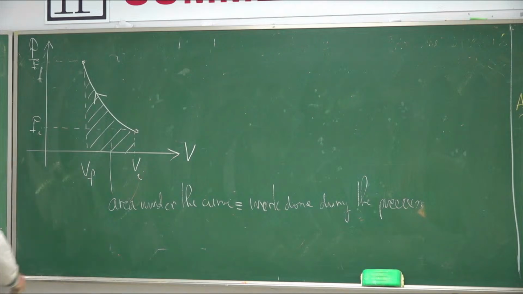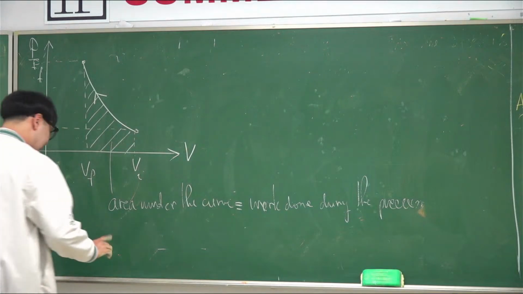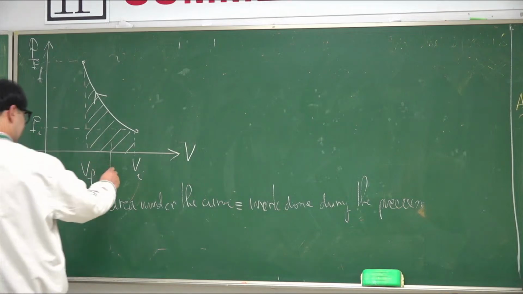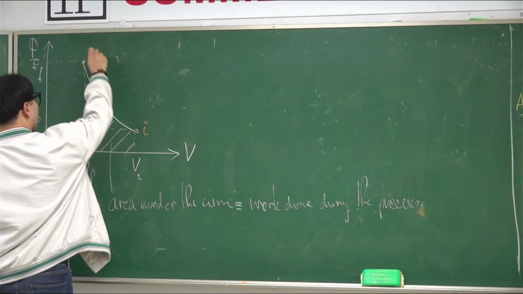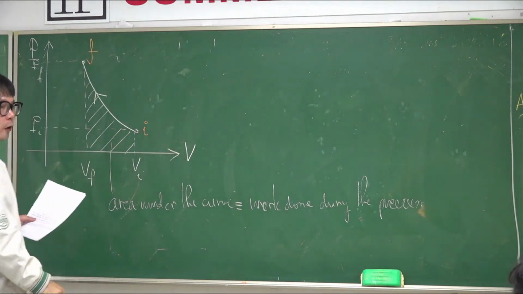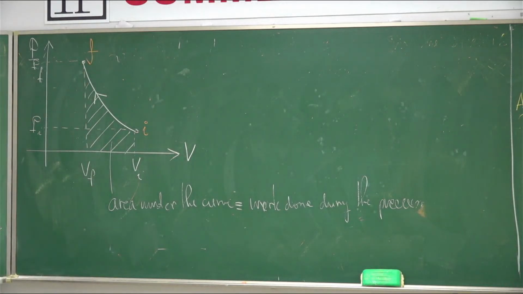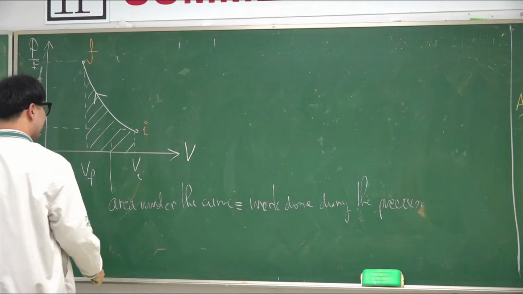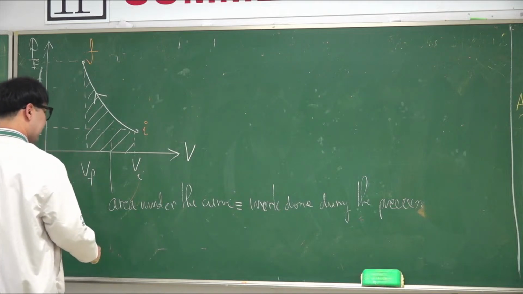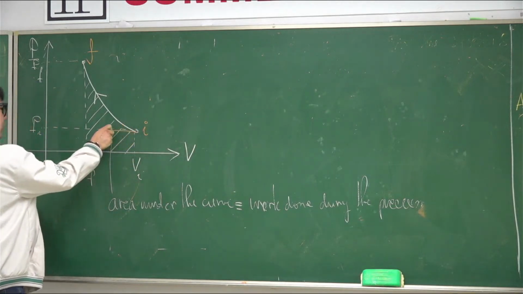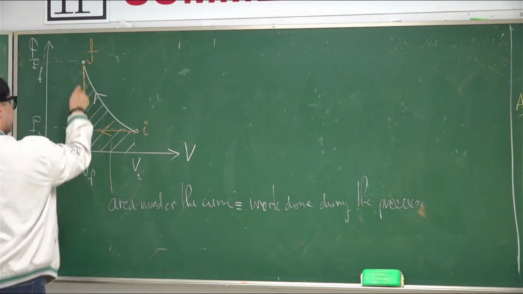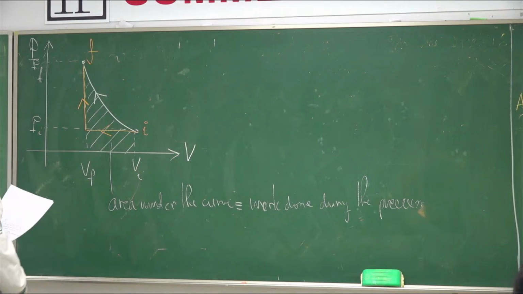And so there is some very interesting feature. If we say that this is the initial point and this is the final point, this is not the only way that we can go. You can go along this way first and go up right here.